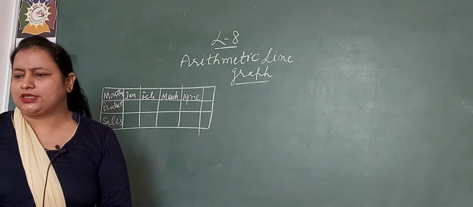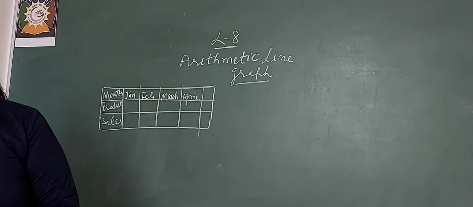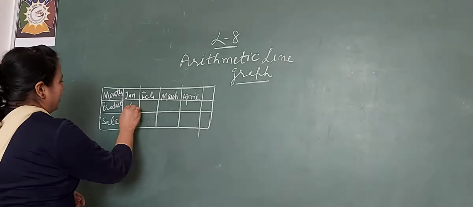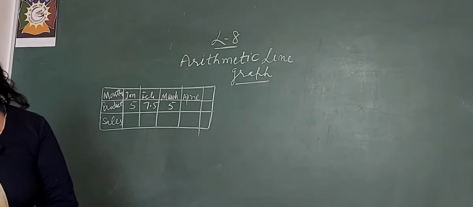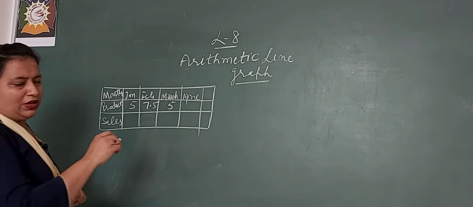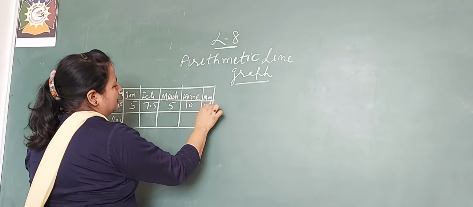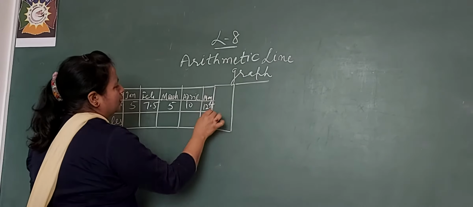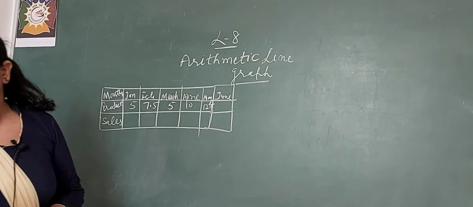So I am taking the statement. Production is 5, 7.5, 5, 10, 12.5, and in June, this is 15.